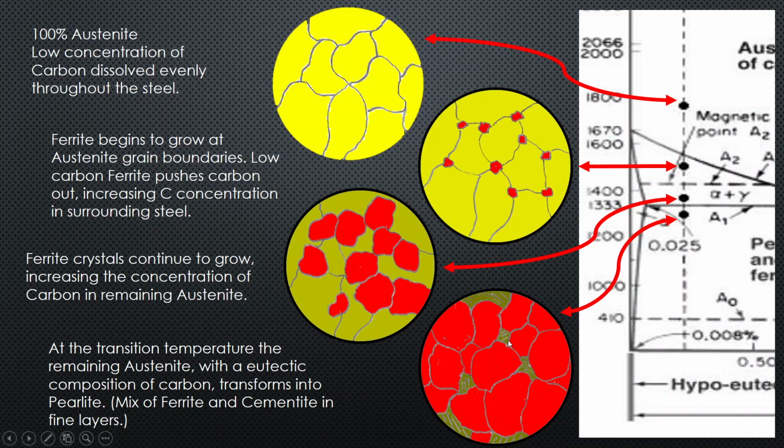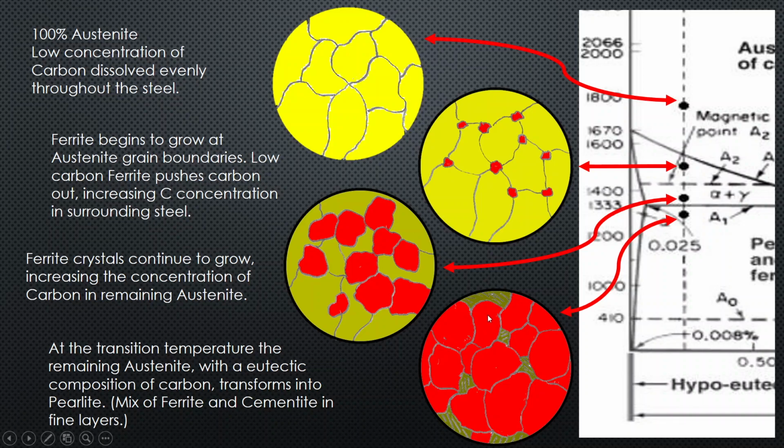The concentration of carbon in these little remaining areas that haven't been crystallized by the ferrite is about as high as it's going to get, because this is going to form into pearlite, which is that very fine mixture of ferrite and cementite. The little black streaks that we see in here are going to be hard and brittle, and the ferrite that runs between them is going to be soft, but the combination of that is going to give us a composite structure.